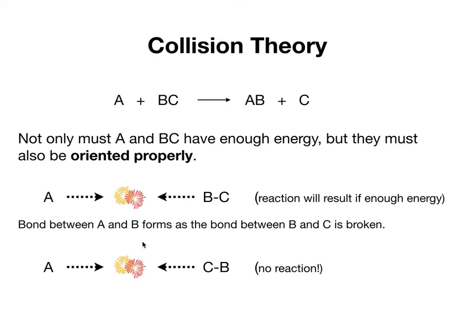We're not going to get a chemical reaction, even if there's quite a bit of energy present, because AC is not a product. We don't want a bond to form between A and C. AC is not a product. We want a bond to form between A and B. So when these molecules collide, the B has to be facing towards the A in order for a reaction to occur. So orientation is something that's pretty important.